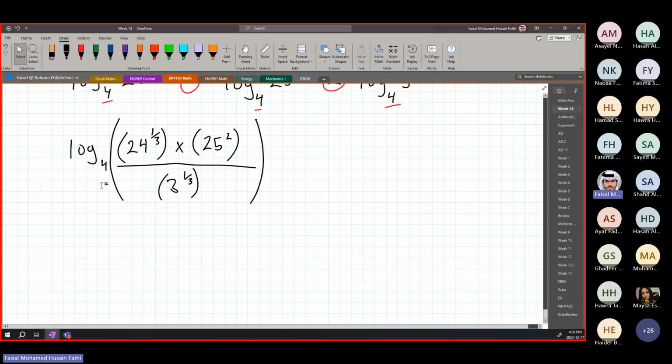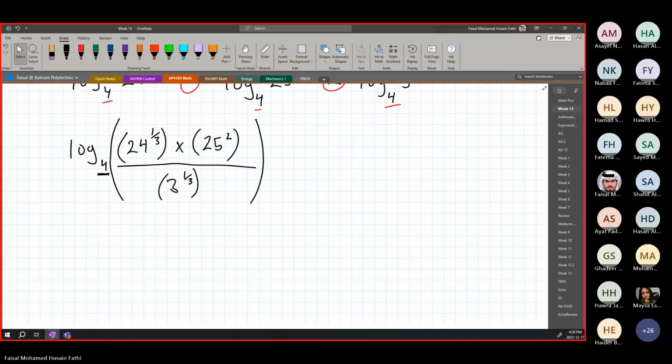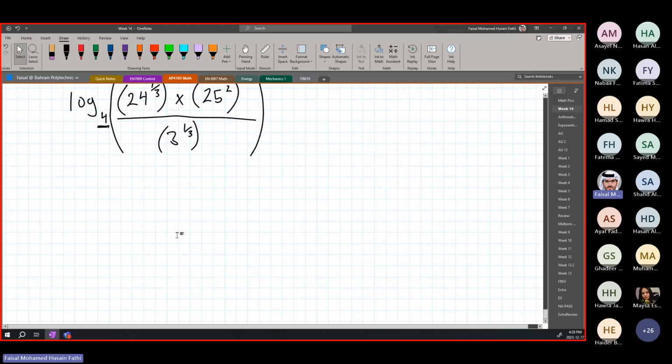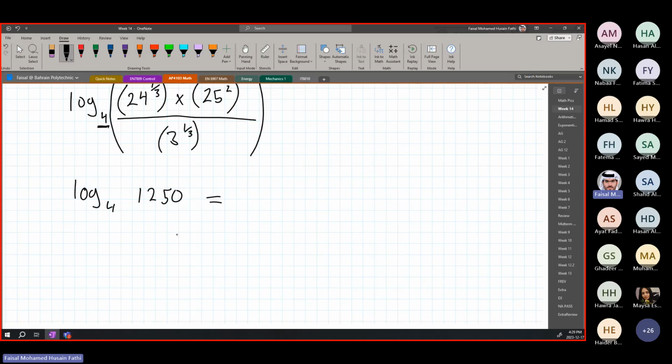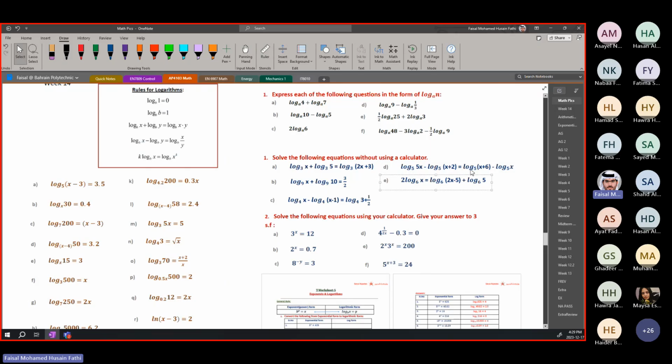Did you put log base 4 or just log? Without the log. Okay, so log 4 of 150. Right. Now do log 4 of 150 to get your final answer. It should come out as 5 point something, 5.14 I think. Double check. Log base 4 of 150. Yep, 5.14.